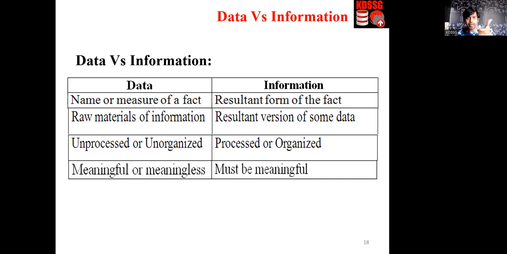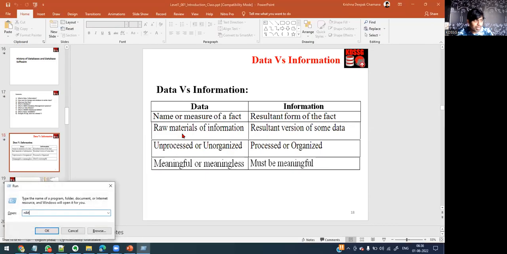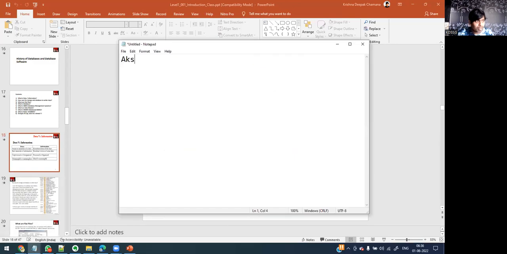Akshay, salary, date of birth. I'm just typing all the data. There is no meaning. I did not even tell anybody that it is Akshay's, or that it's an employee table. I did not even tell that this is all employee information. If I just type Akshay and some number, I'm not telling what it means.